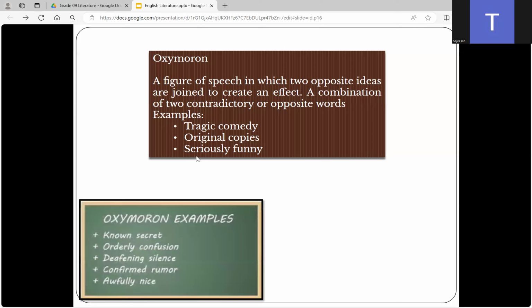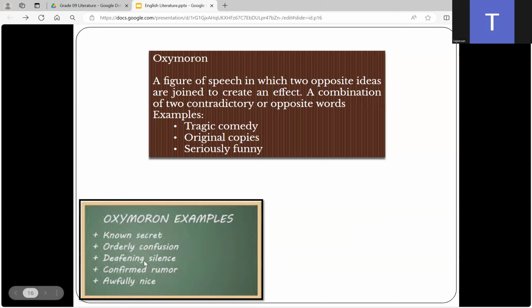Some examples. Can you read some examples? Known secret, orderly confusion, deafening silence, confirmed rumor, awfully nice. Deafening silence. Silent. How can silence be deafening? There is no sound.